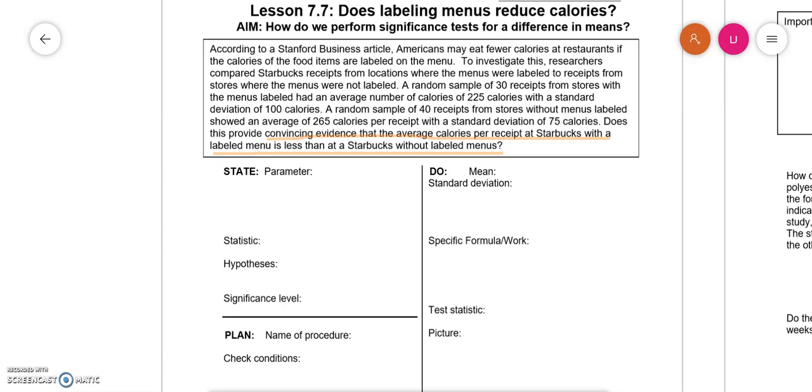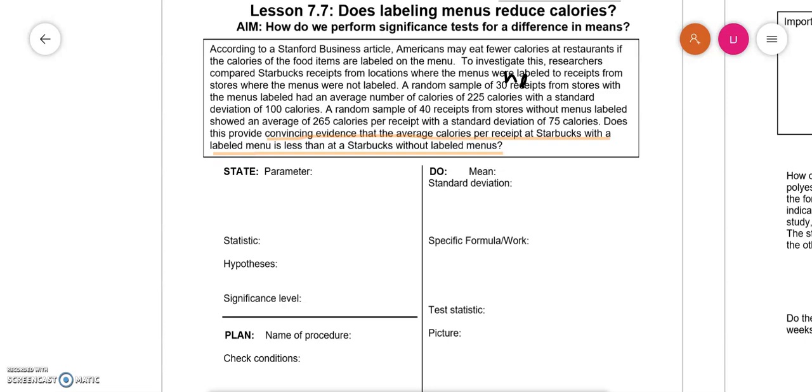All right, so here's something that's going to make our life a little bit easier. Usually in the state for a difference in means, I tell you that if you're going to use abbreviations, you have to show me what abbreviations you're using. But you can mark up the question. So for example, these first numbers, it's 30 receipts from the labeled, so I'm going to label this nL for labeled.